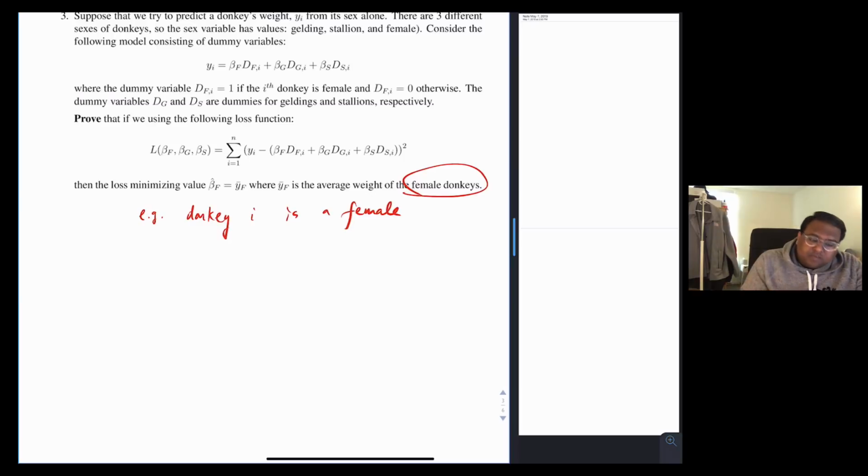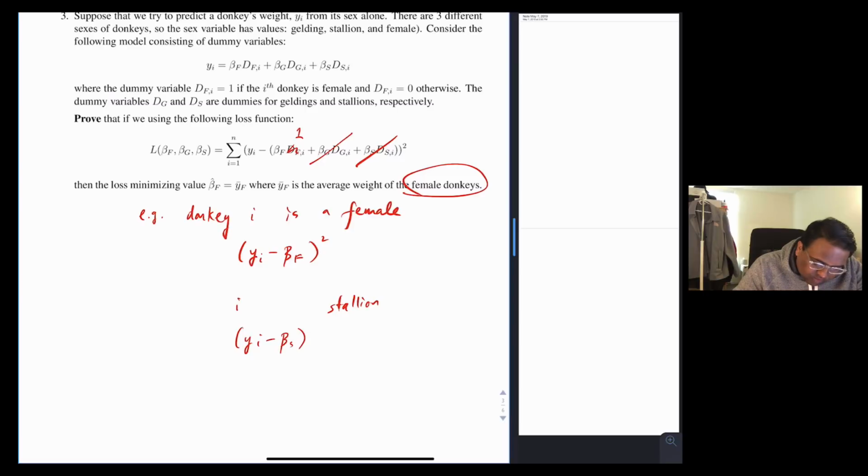Then the loss for that specific point, since DGI will be 0, DSI will be 0, and DFI will be 1, is just yi minus beta F squared. Okay, similarly, if donkey I is a stallion, the loss for that point is just yi minus beta S squared.